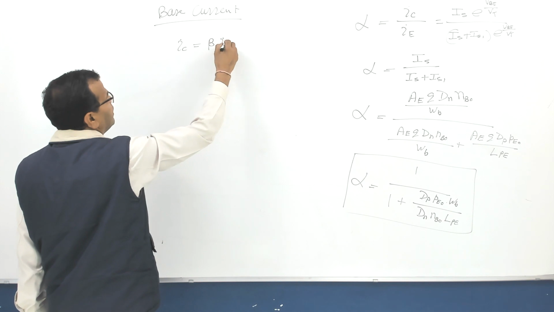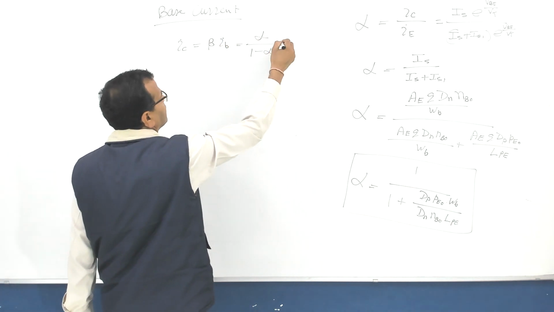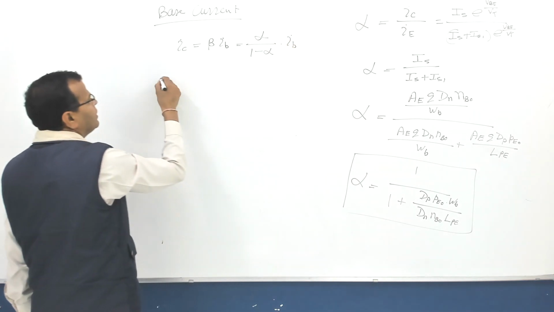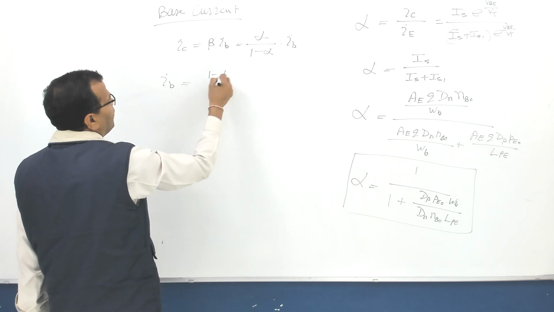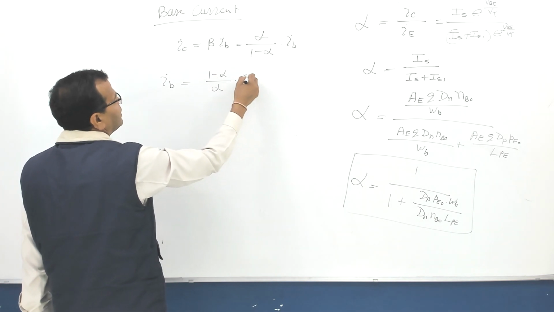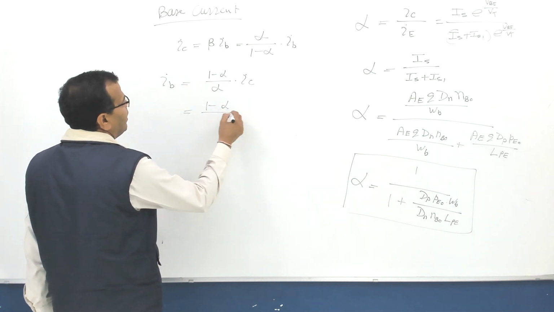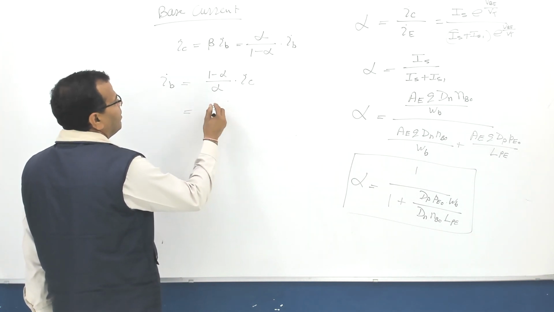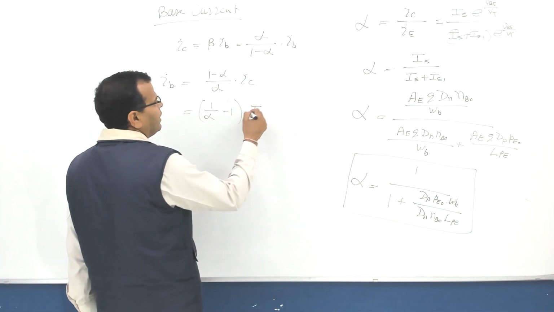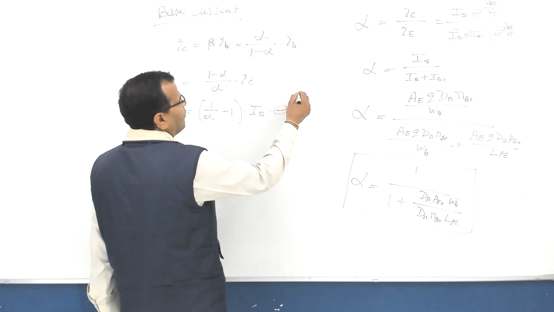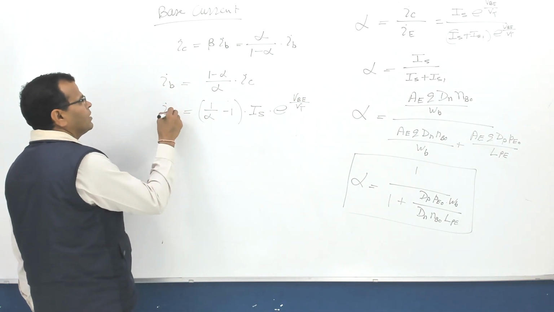And what is beta? We have just seen that is alpha upon 1 minus alpha. So IB is nothing but 1 minus alpha by alpha into IC, or you can say 1 by alpha minus 1 into IC, where IC is Is into e raised to power VBE by VT. That is your base current.